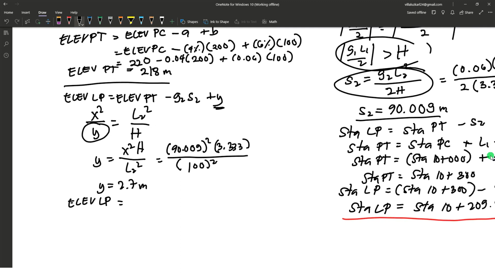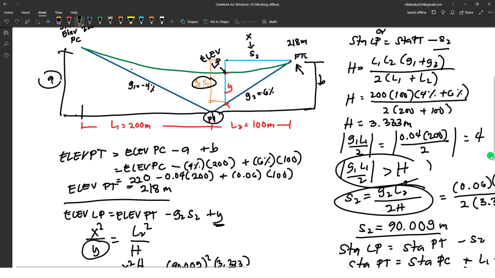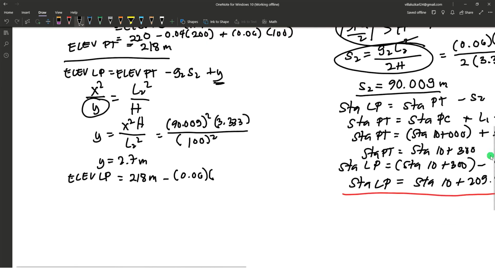We can now compute the elevation at the lowest point. The elevation at PT is 218 meters minus G2, which is 6%, that's 0.06, times S2, which is 90.009. Then add y, 2.7.